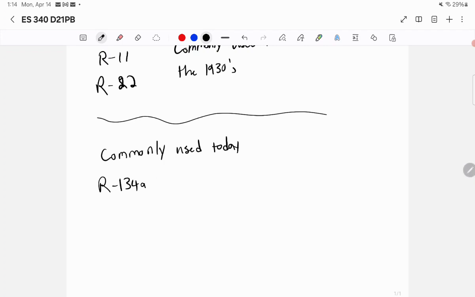Relevant to modern day systems. And also R22, so this is in refrigerators. But R22 in AC units. But this is getting phased out.